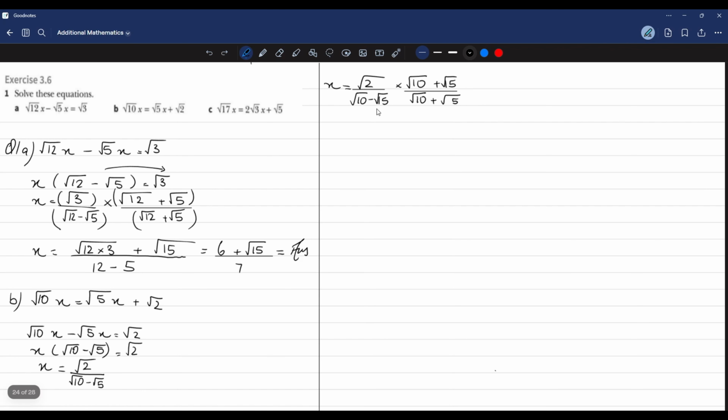So what we're going to do is multiply these values. x is equal to under root 2 multiplied by under root 10, which is under root 20, obviously.